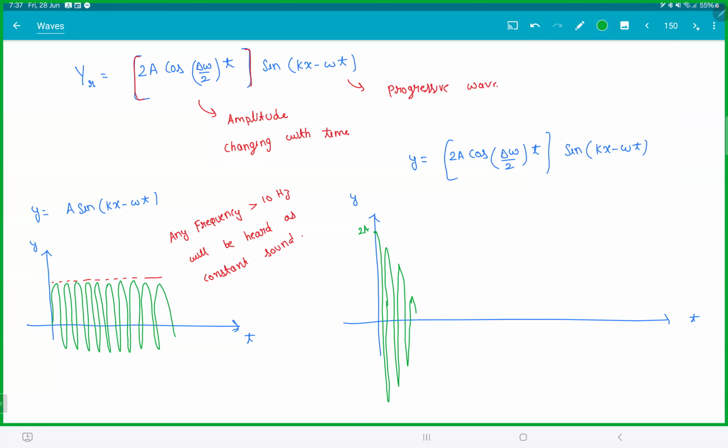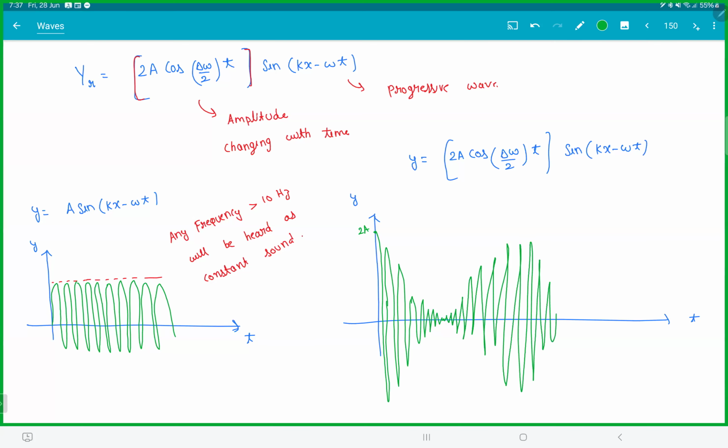As time passes, you decrease. Then again, you increase. Then again, you decrease, then increase, then decrease. So the amplitude is increasing and decreasing.